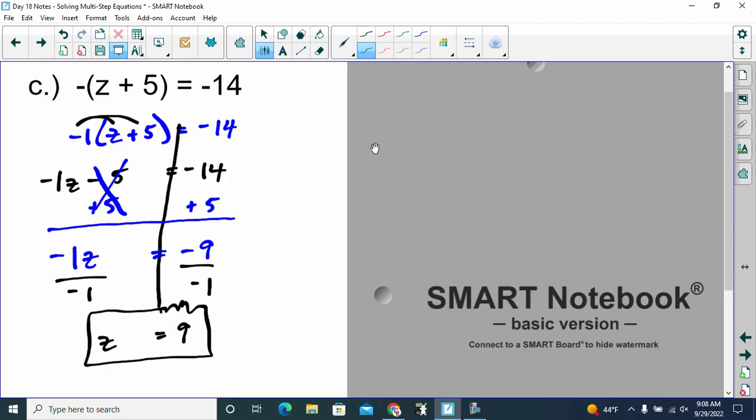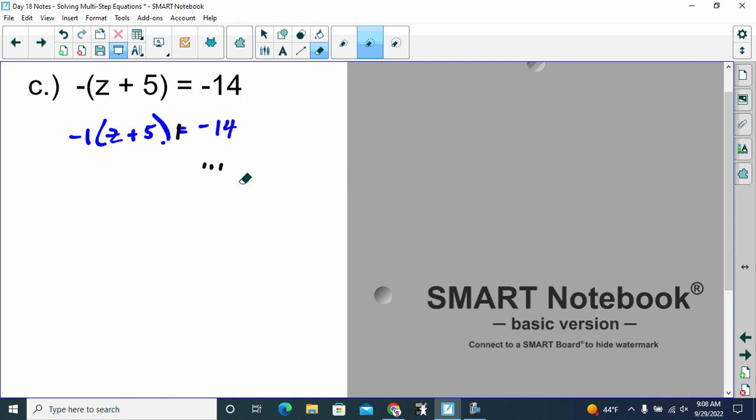There's multiple ways you could do this problem. This one we worked through as a multi-step equation with a number out front that I could distribute. Another way we could do this, I'm going to go ahead and leave that negative 1 right there. Another way we could do this one, we could think of this as z plus 5 and then times negative 1, because we do the parentheses first, so z plus 5 first, and then times negative 1.